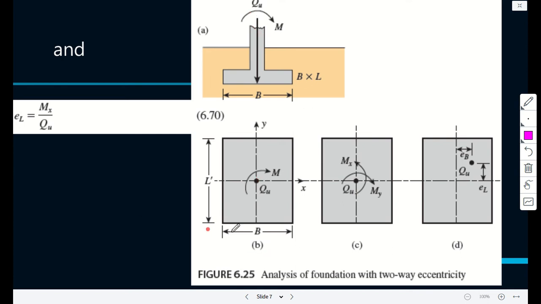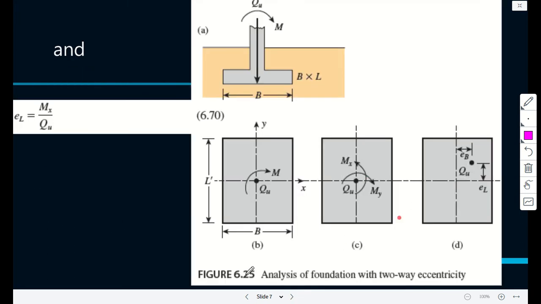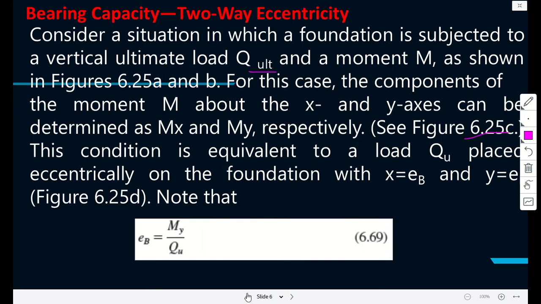Excuse me, and we have two directional moments, as shown. So for this case, the components of the moment M about the x and y axes can be determined as Mx and My respectively, as in 6.25c.